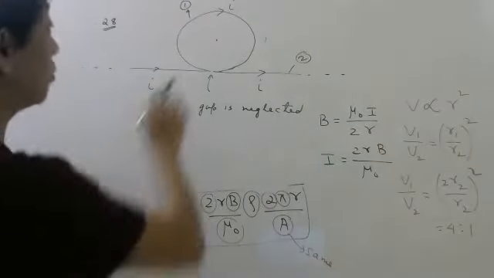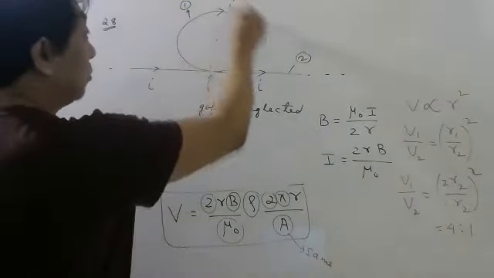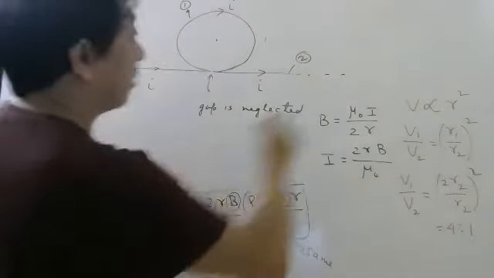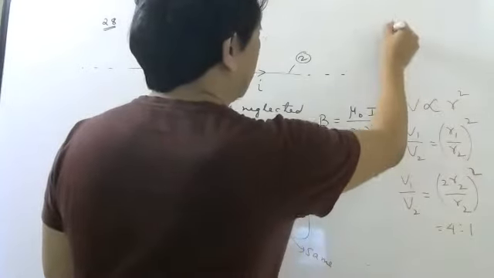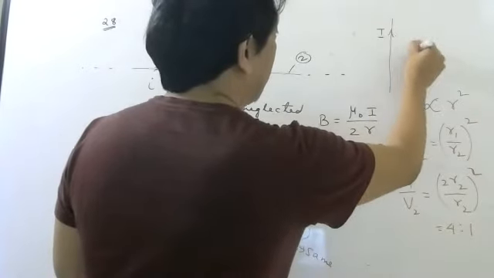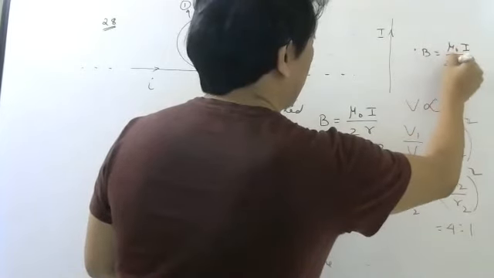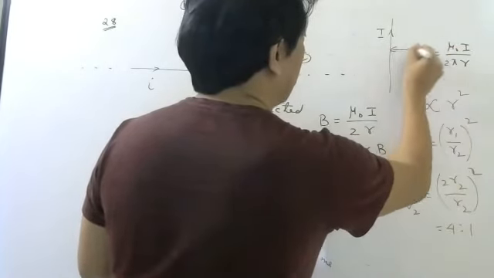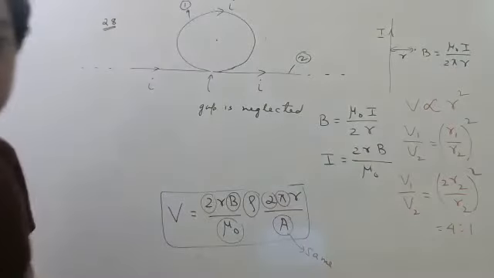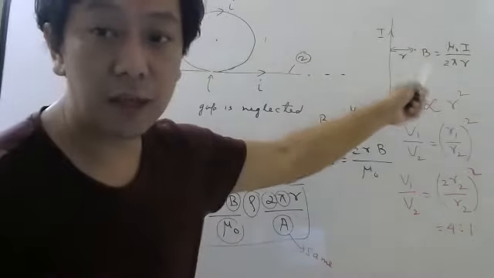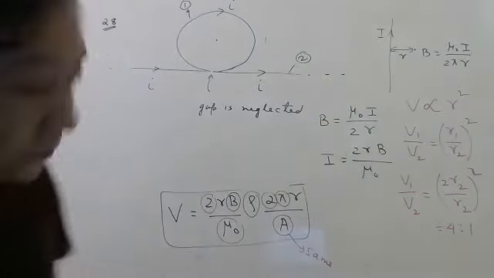So we have to calculate the magnetic field due to this circular part and also due to this straight wire. And I hope everybody remembers, for a straight wire, the magnetic field is mu naught I by 2 pi r, where r is the perpendicular distance. All these formulas we have to remember. This we derived using Ampere's circuital law.